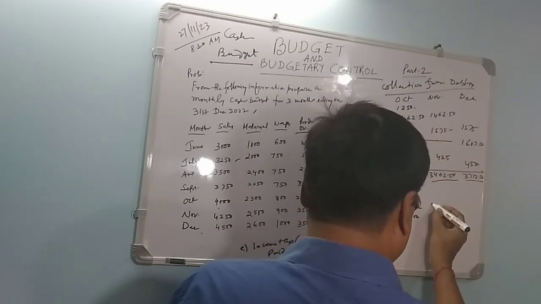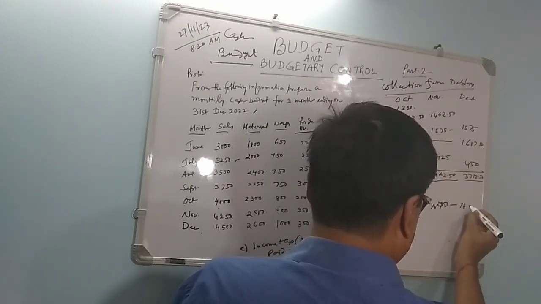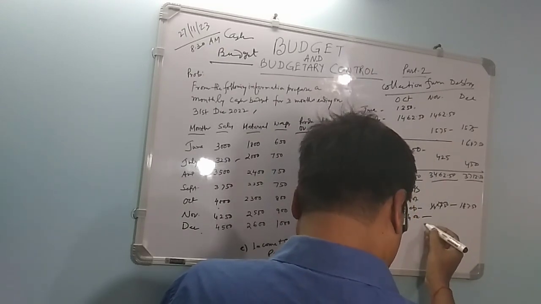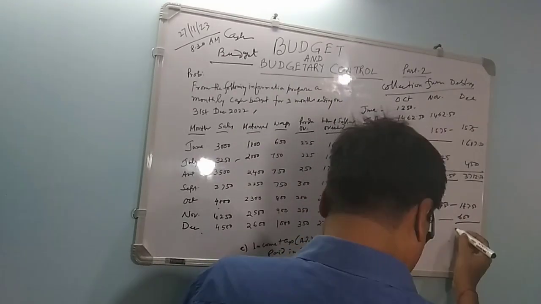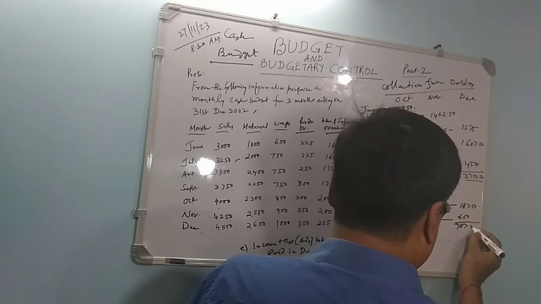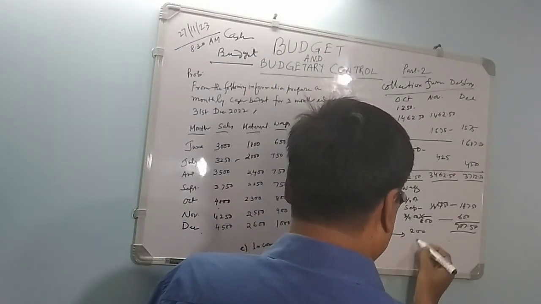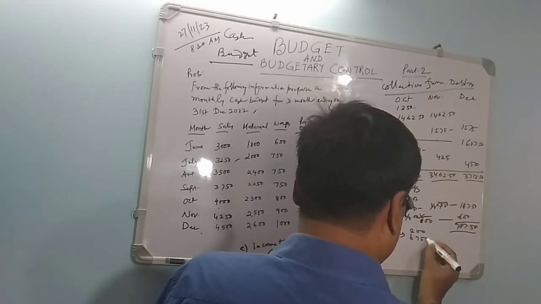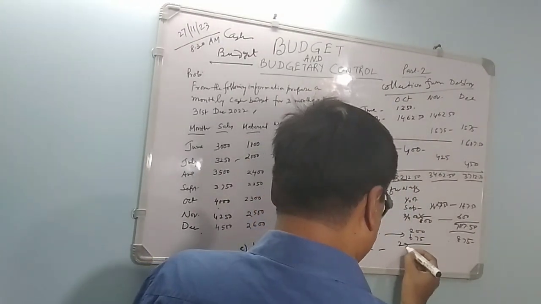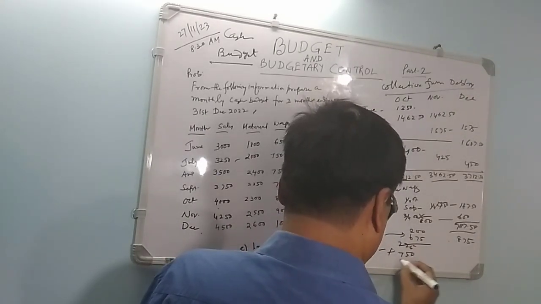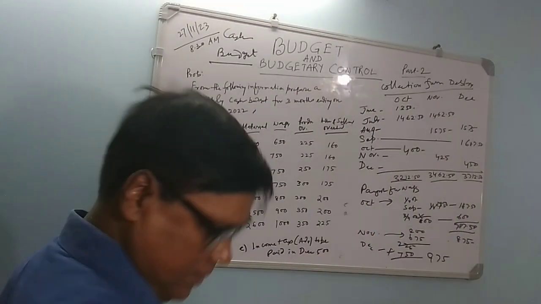So 1/4 of 750 is 187.50, and 3/4 of 800 is 600, giving 787.50. Similarly for November, 200 for the earlier month and 675, so 875, and December 225 plus 750, giving 975. So these are the 3 months' payment.